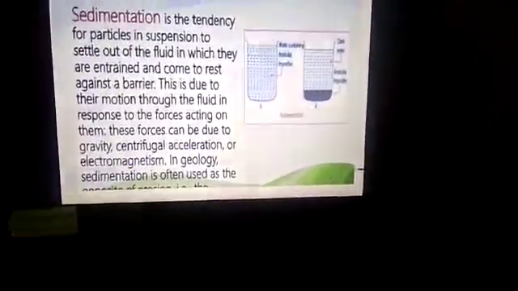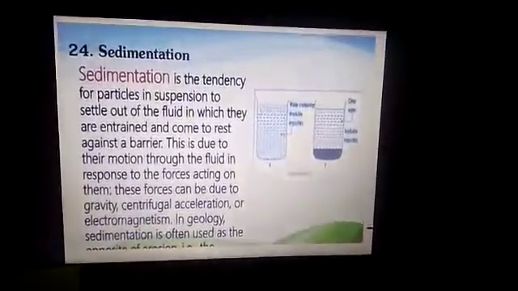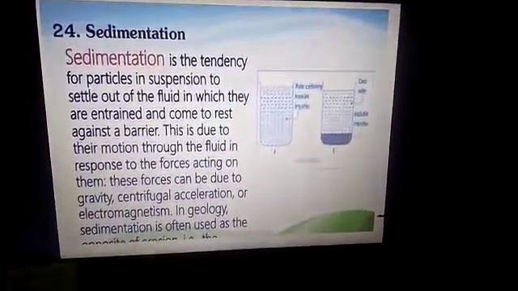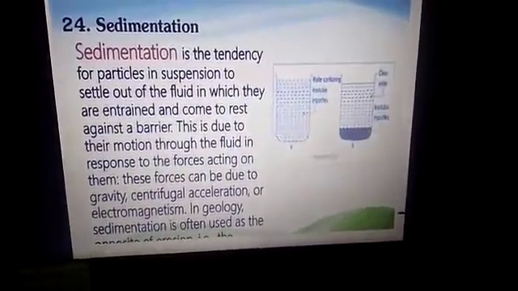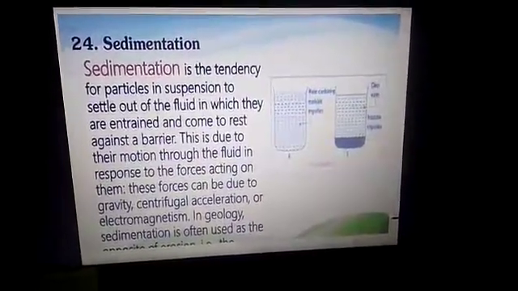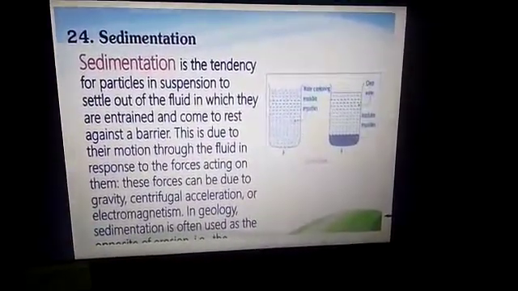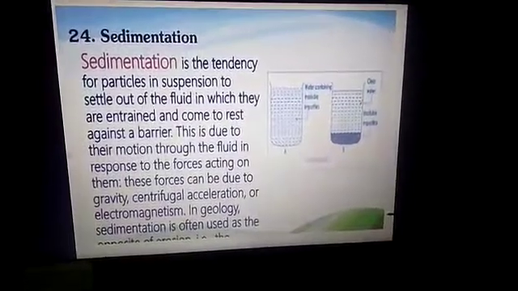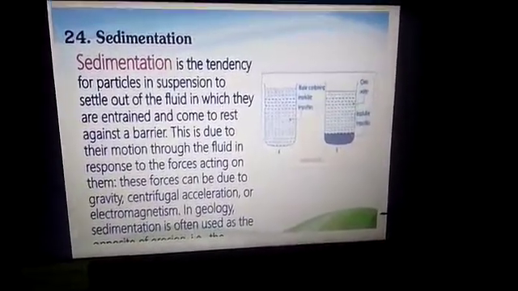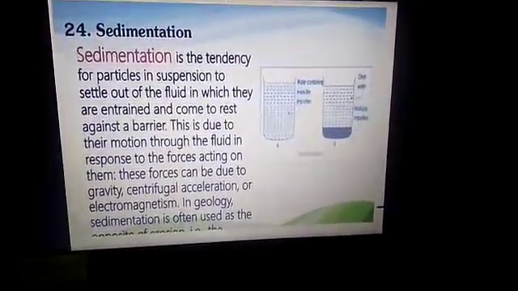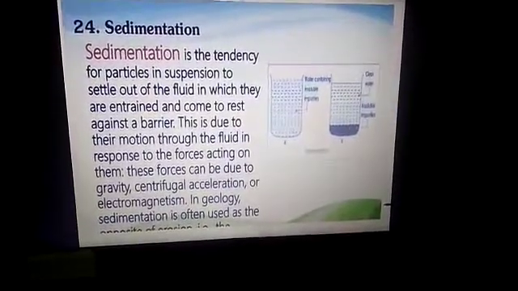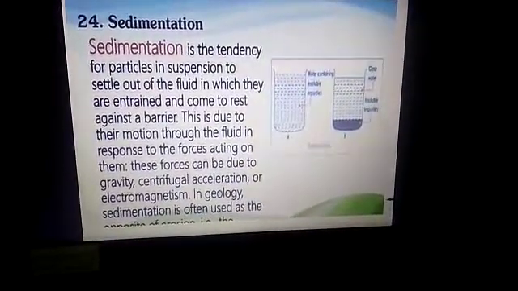This is due to their motion through the fluid in response to the forces acting on them. These forces can be due to gravity, centrifugal force, acceleration or electromagnetism.